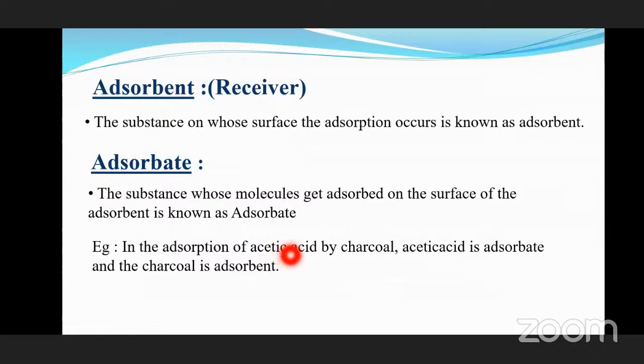What did you understand by this? Acetic acid is occupied on the charcoal, that's why acetic acid acts as the adsorbate and charcoal acts as the adsorbent. Don't get confused, my dear students. Try to understand me. This is an important term.